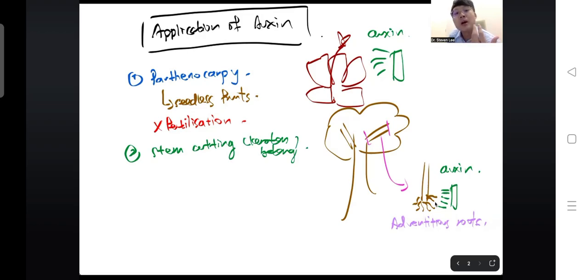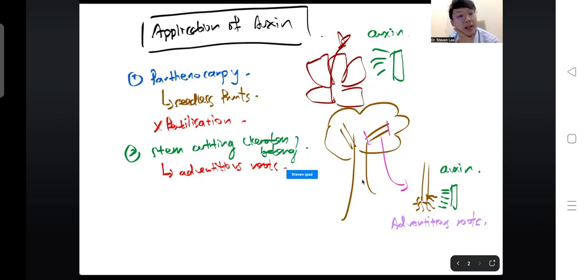They are used to absorb mineral salts and water. So why do we use this in stem cutting? It is because we want the stem to absorb water faster so that it can grow into the original plant better. So this is very important also. It's an application of auxin, which is in the process of stem cutting, growing of adventitious roots.